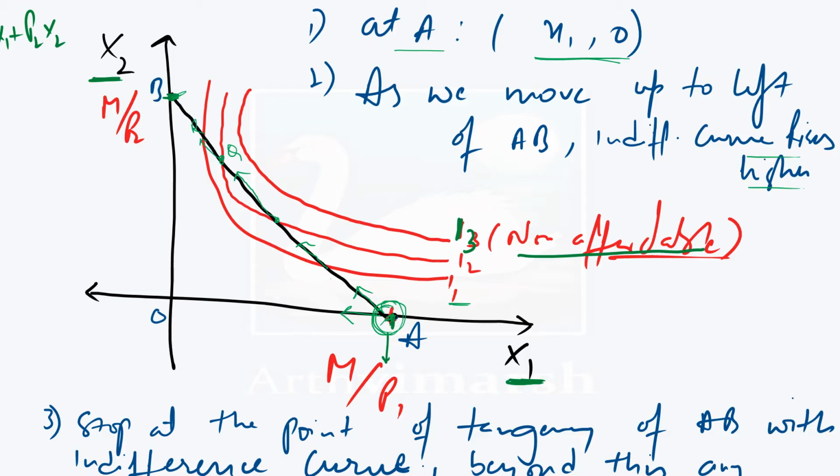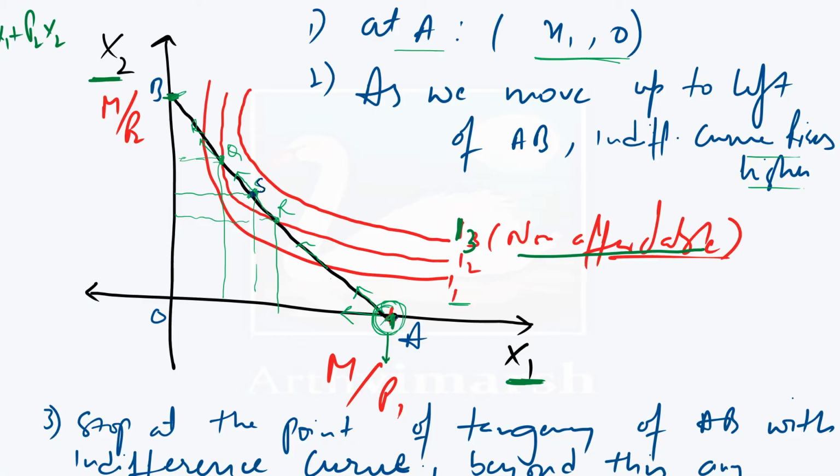But now notice, after a certain point you are again moving to a point where your combination of x1 and x2 is going to decrease, or shrink, at point Q, or if you compare a point like R as well. So if a point like S is there, you can see that S is going to be a better choice, the optimal choice as compared to Q and R, given the assumptions which we have discussed.